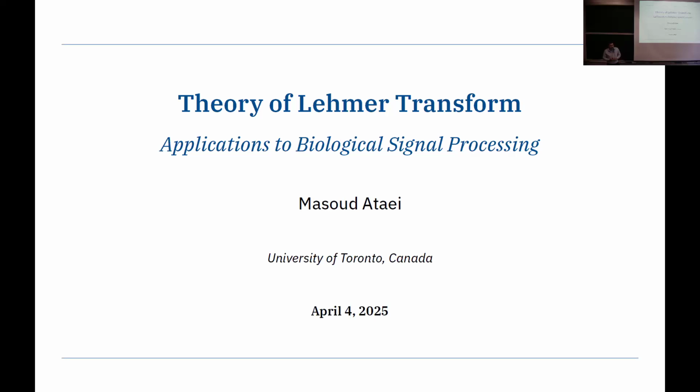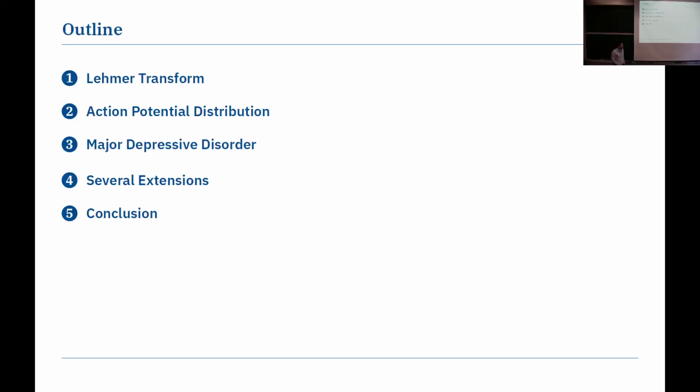Today, I will walk through the core ideas behind Lehmer transform, its analytical and statistical properties, and its practical use. We will see how this transform enables us to distinguish between healthy individuals and those suffering from major depressive disorder by analyzing their EEG signals.